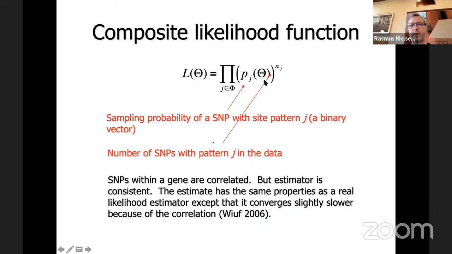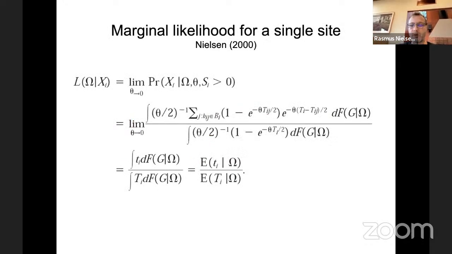So even though you ignore the correlations among sites, you still end up with relatively good estimators of the parameters. In some sense, what you're doing is throwing away some information from the correlation structure, but these individual likelihood functions are still valid functions. So basing an estimate on that is actually not a bad idea. All right. So how do you calculate this?